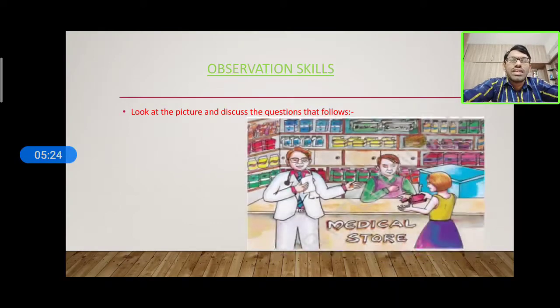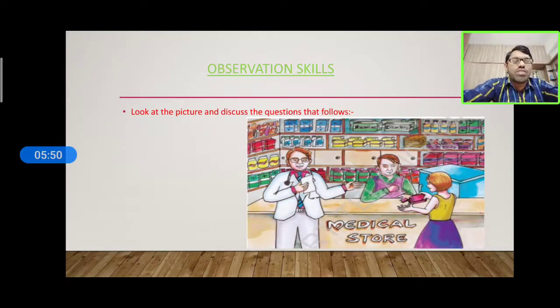See, the picture has come on the screen. I think you are all looking at the screen very carefully, and you are clearly seeing the picture. So see, children, what is the picture?